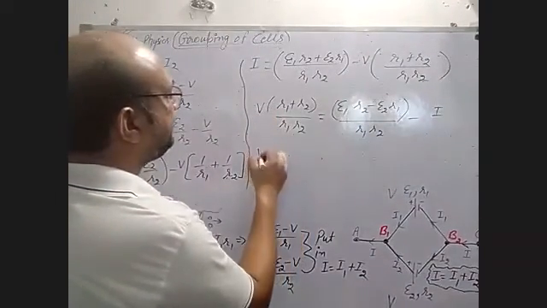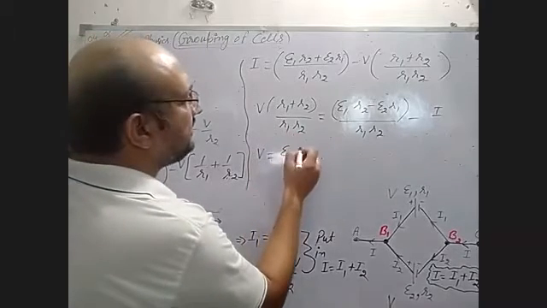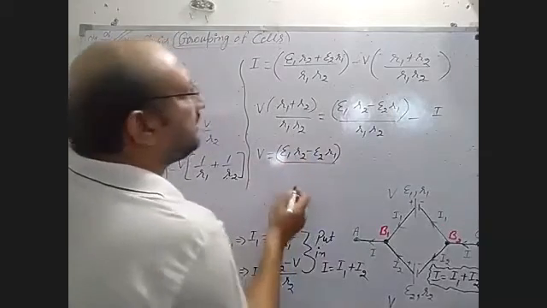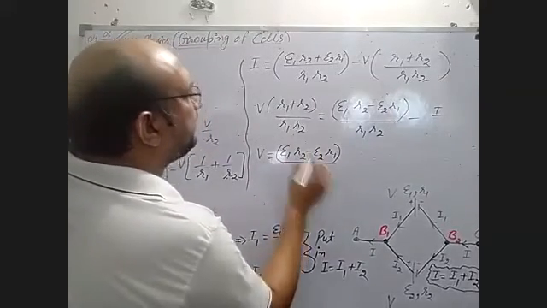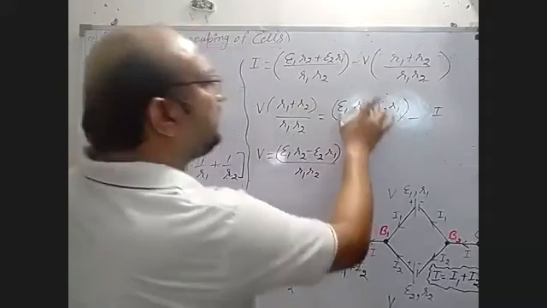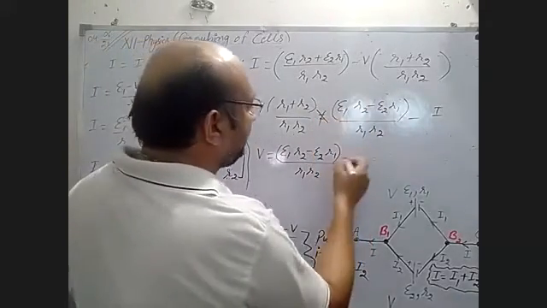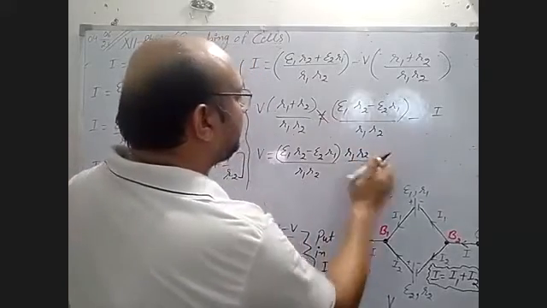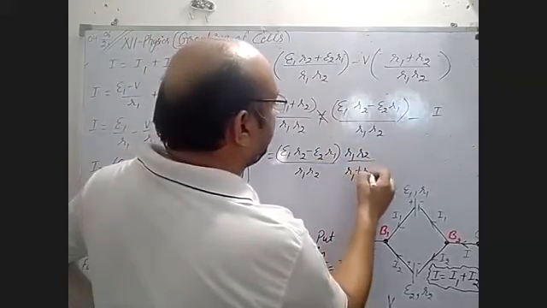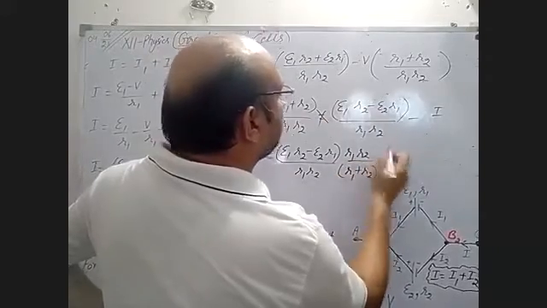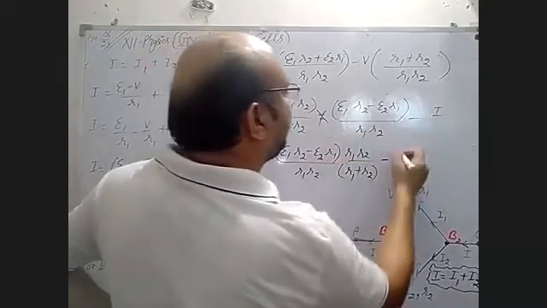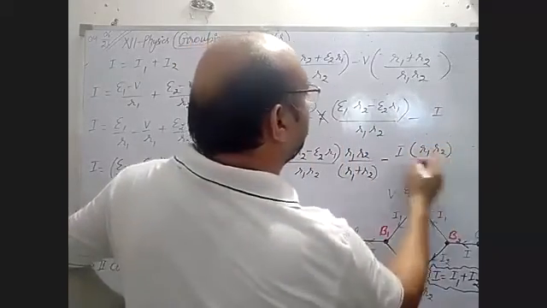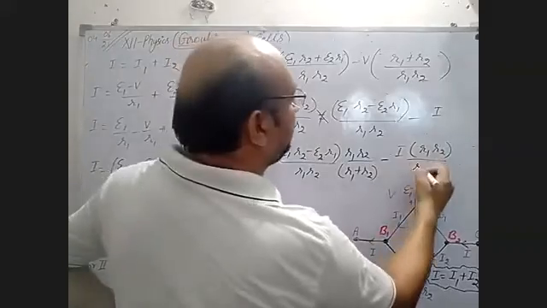Now V times R1 plus R2 upon R1 R2 is equal to E1 R2 plus E2 R1 upon R1 R2 minus I. By cross multiplying, R1 R2 will go in the numerator part and R1 plus R2 in the denominator part. Minus, the same, you have to write with I. This part will go in the numerator and this part in the denominator.